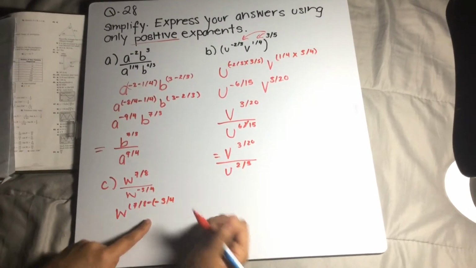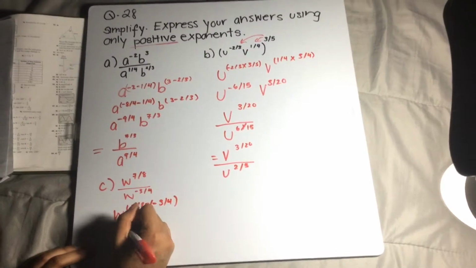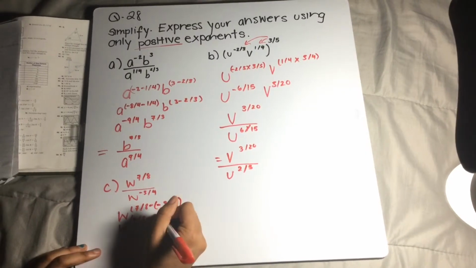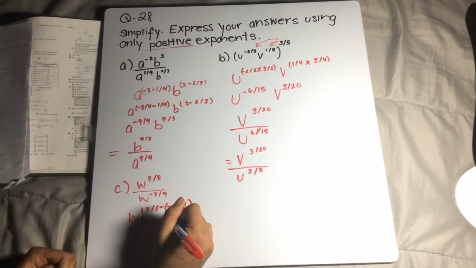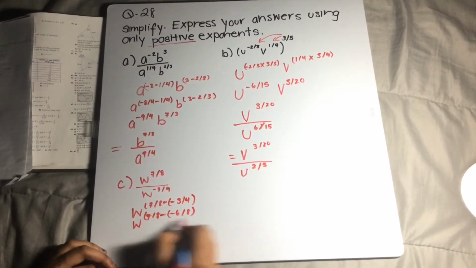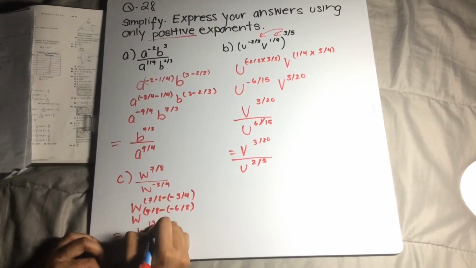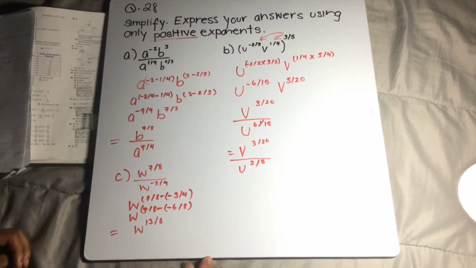Make sure you keep that sign there. Again, make the common denominator, and you'll have 7/8 minus -6/8. Once you subtract the exponent, you're left with w to 13/8. Since this is a positive exponent, you don't have to do anything further, and you're done.